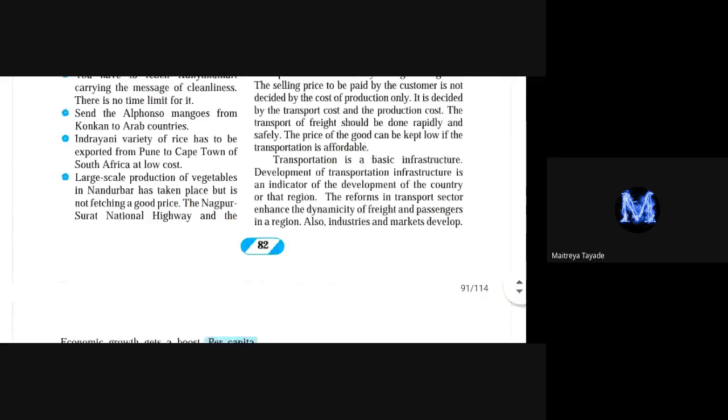Transportation is a basic infrastructure. Development of transportation infrastructure is an indicator of development of the country or that region. So friends, you know what?